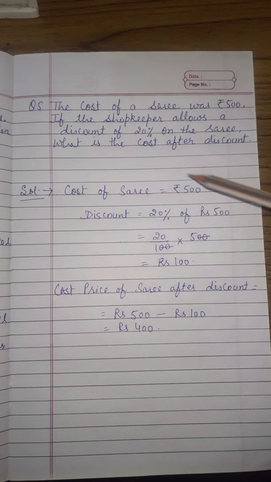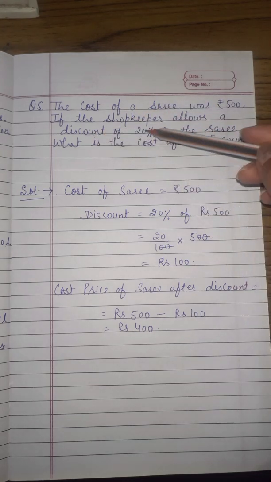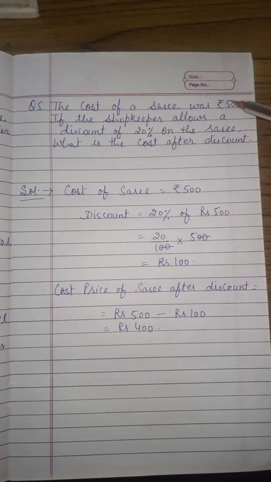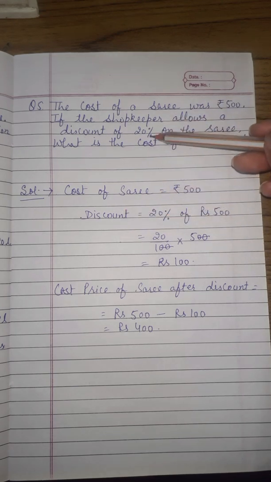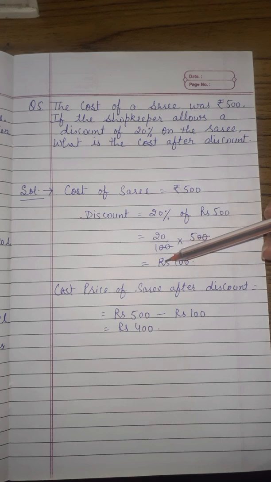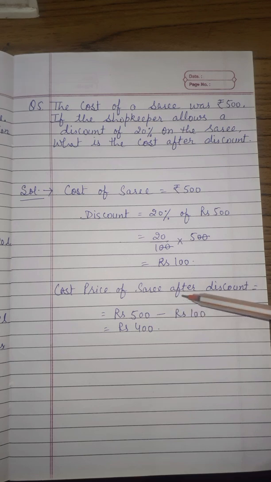So first we will find the value of the discount, because the discount is given in percent. The cost of the sari is rupees 500. The discount is 20%, but 20% of what? Of the cost of the sari, that is rupees 500. So the value of 20% of rupees 500 is rupees 100. It means rupees 100 will be reduced from rupees 500. So the cost of the sari after discount will be rupees 500 minus rupees 100, that is rupees 400.